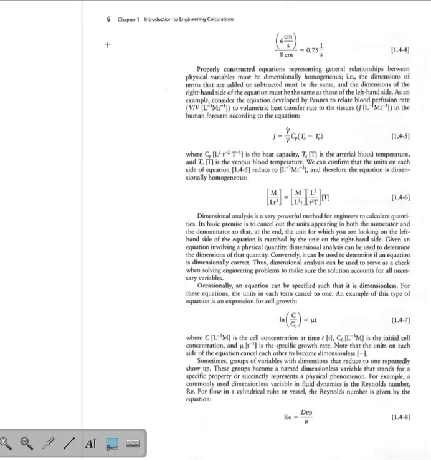Now, there is a concept here I think that you should pay close attention to, which is the idea of dimensionless variables. They show up a lot in engineering. You'll get to know them quite well in biotransport. And this particular one is called the Reynolds number.